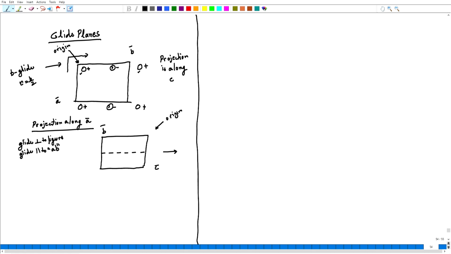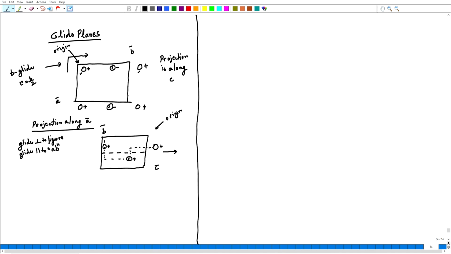With this in mind, let us put a motif here, reflect across the glide plane and then translate by B by 2, and it will remain above the plane. Reflect and translate, and you can see the change in handedness.